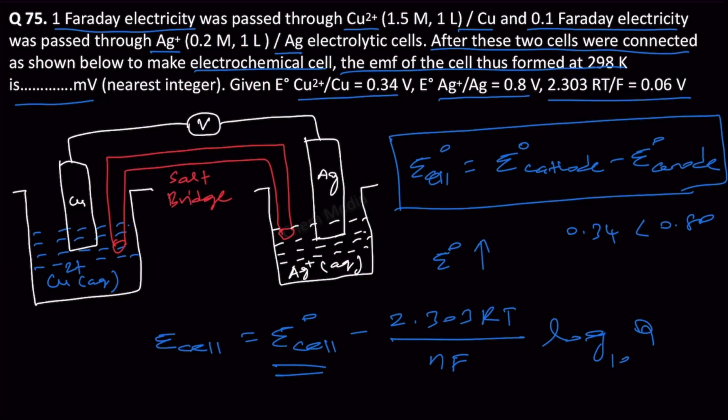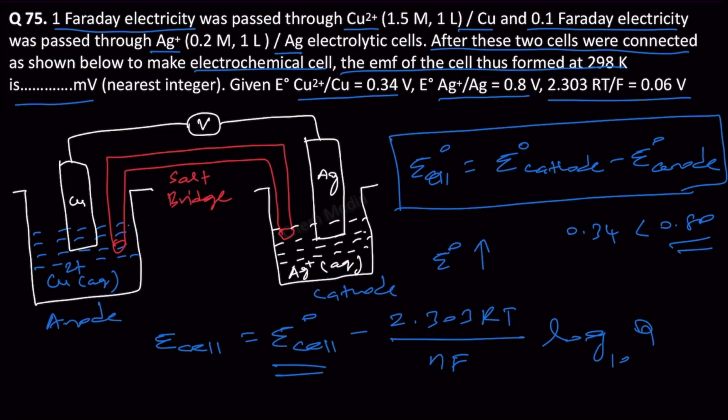So which one will get reduced here quickly? Ag+ will get reduced quickly because that has the higher value. So this is the cathode and this is the anode here. The simple way that you can remember is whichever has the higher reduction potential, that will get reduced quickly. That has the tendency to gain the electron quickly and become a neutral species.